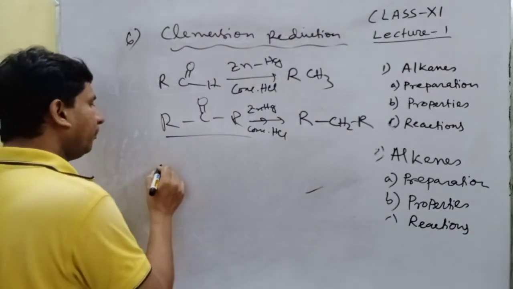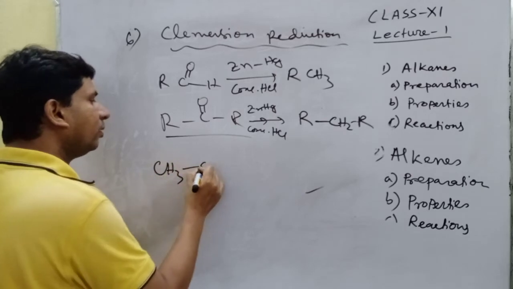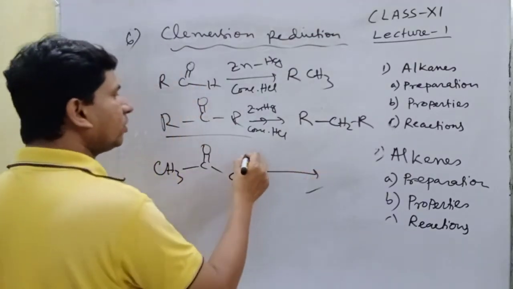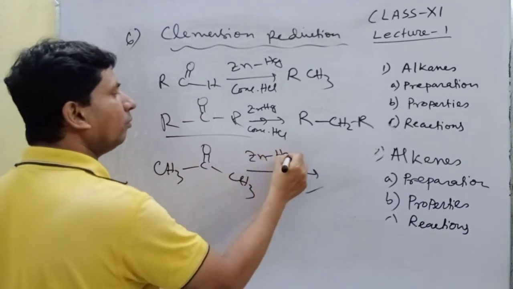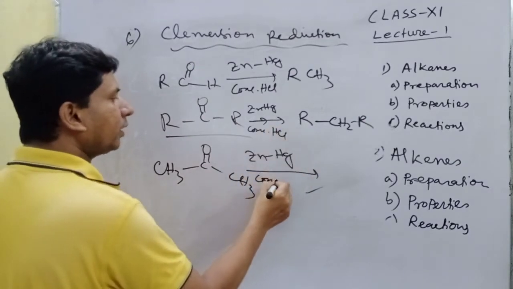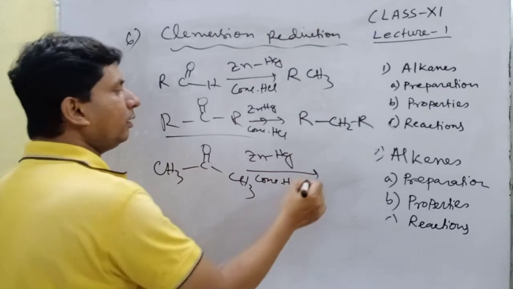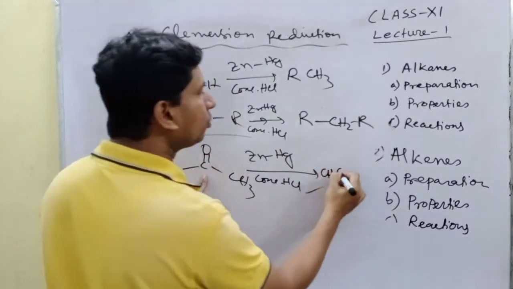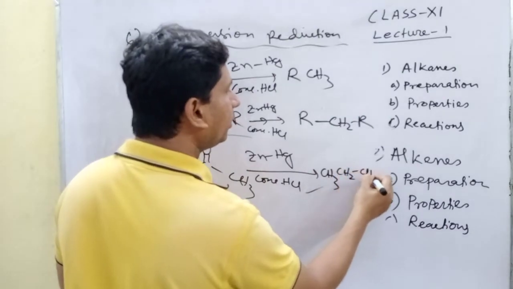In a real example, CH3COCH3, in the presence of zinc amalgam and concentrated HCl, what happens? CH3 will be CH2 and then CH3.